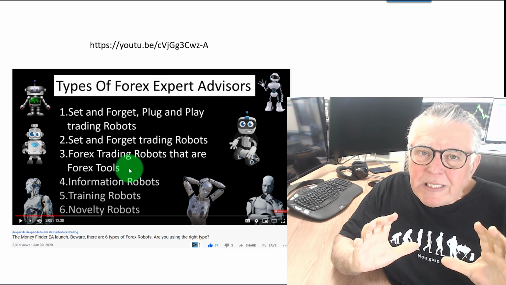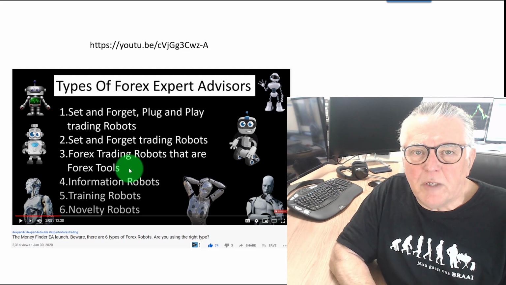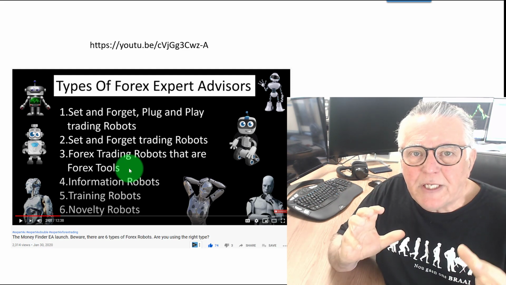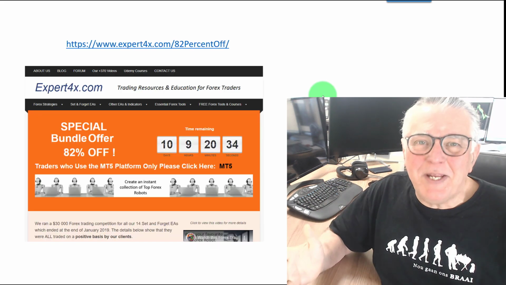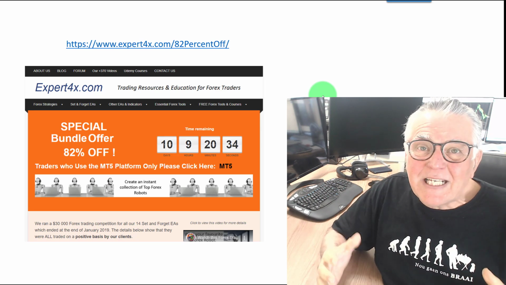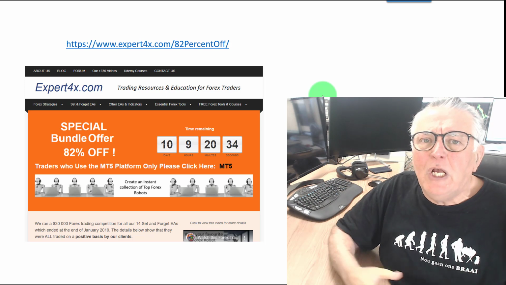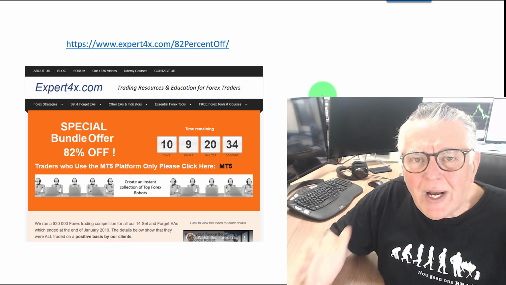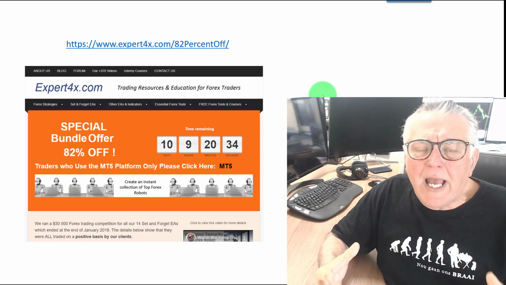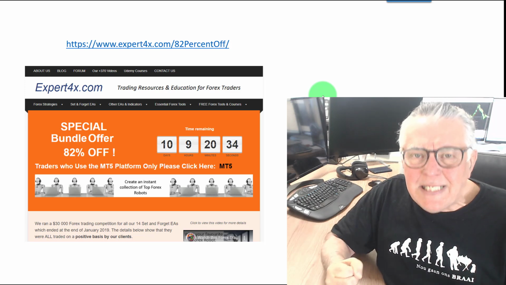So now that we know the types, let's go and have a look at the various functions that these robots can perform, so that we can get a better look at the variety of robots that you actually need. Now, as many of you know, we have a special bundle where we provide a discount of 82% because we want to encourage traders to purchase a variety of EAs, and once they become more experienced, more capable, they can use those EAs when they need to.